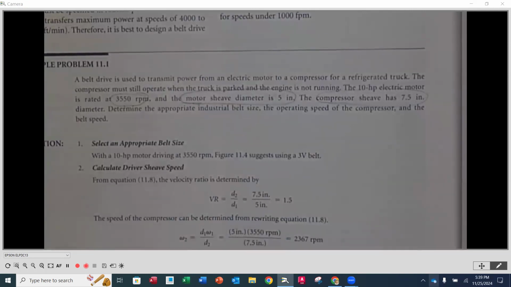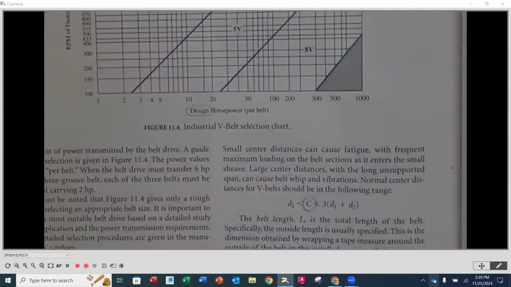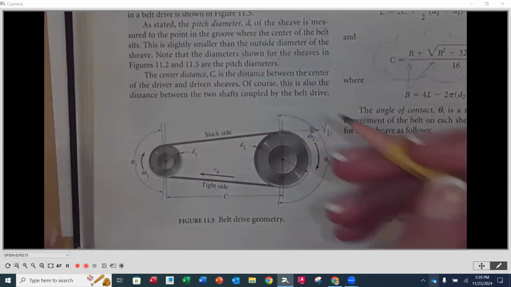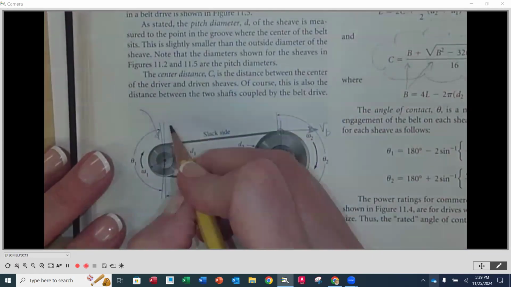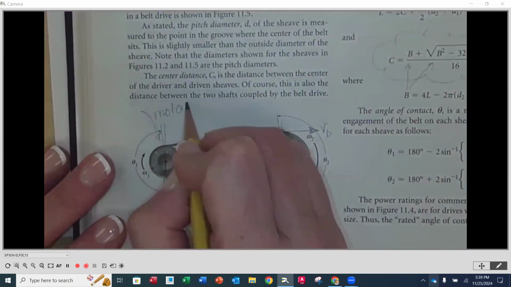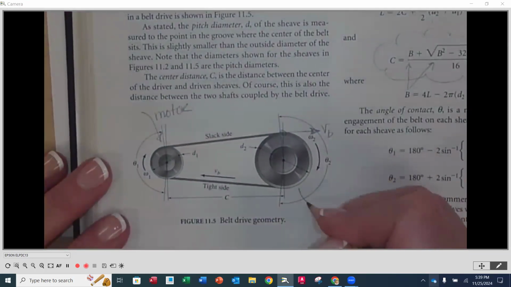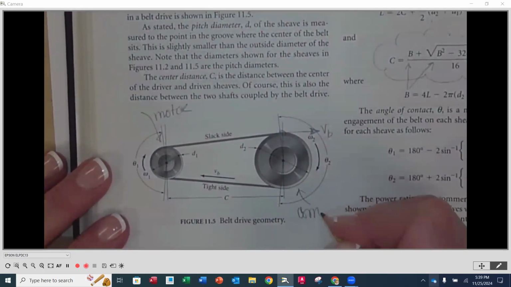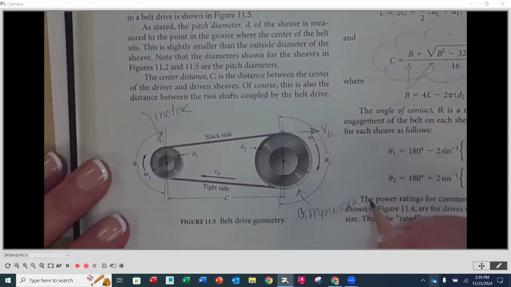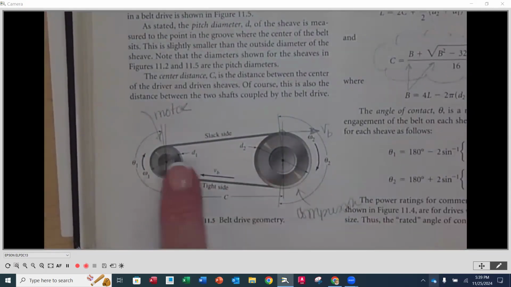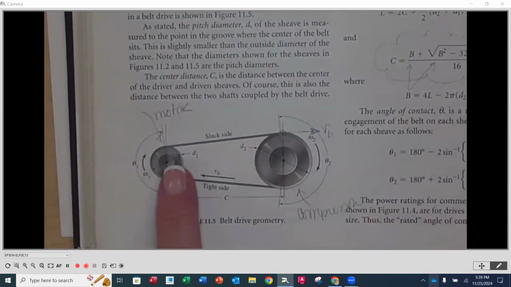Okay, so if we look at this in terms of figure 11.5, the small one would be the motor, and then over here would be our compressor. We would just imagine a standard layout where we have them in line with one another, horizontally or vertically, however they would be oriented.